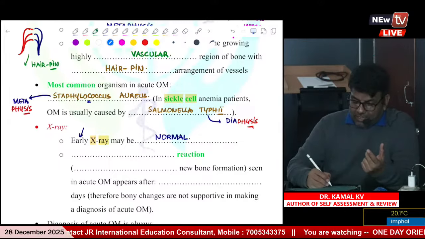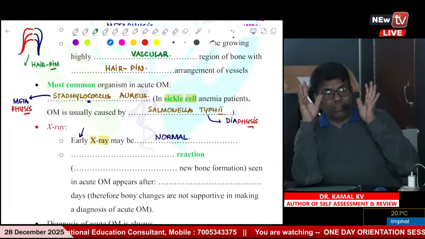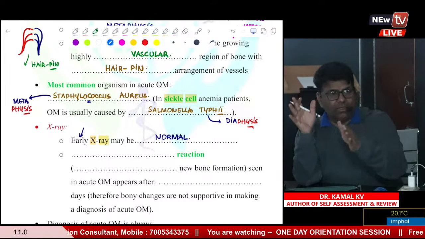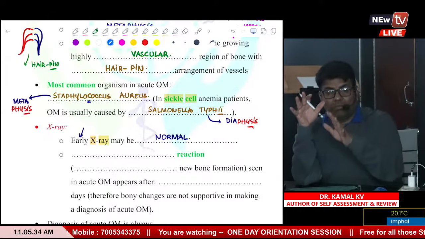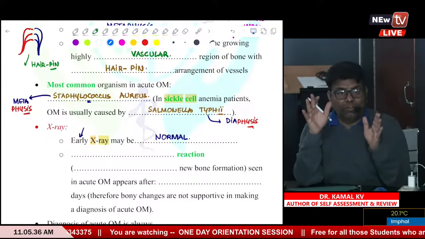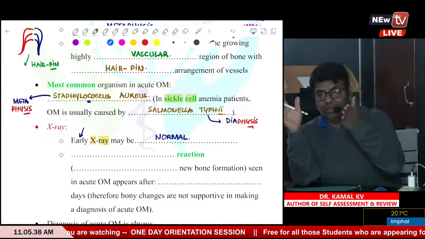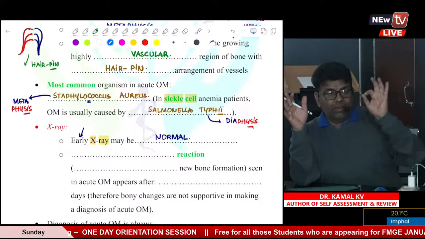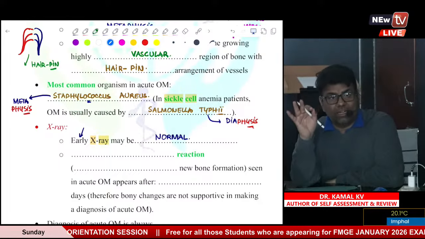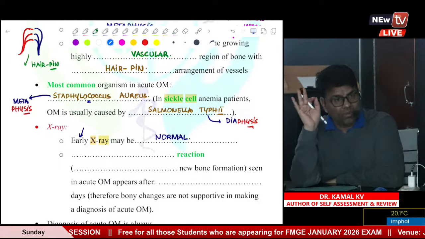And therefore what we say, whenever you see a child less than 10 years of age presenting to you with high grade fever, pain, swelling, tenderness around the knee joint, 99.9% it is a case of acute osteomyelitis.